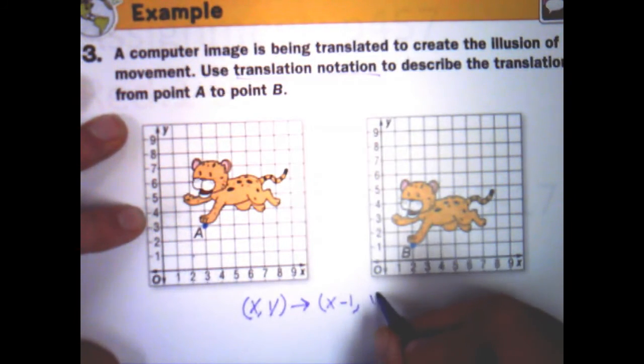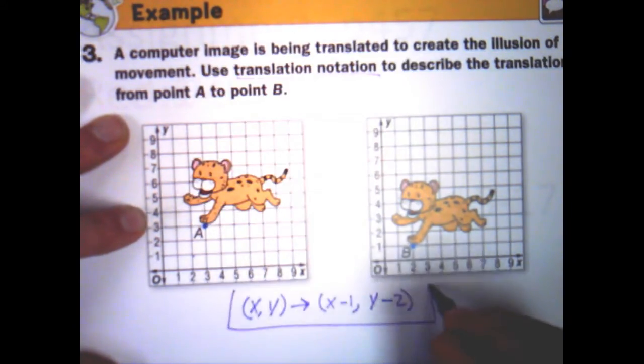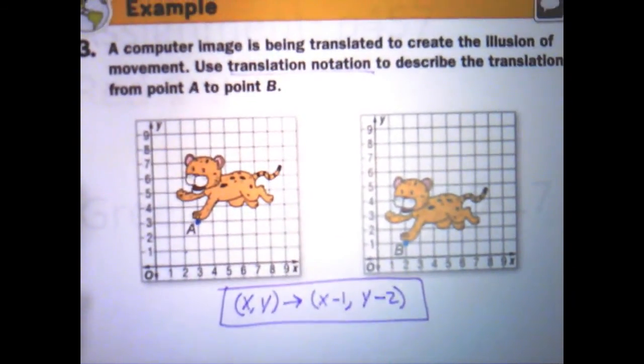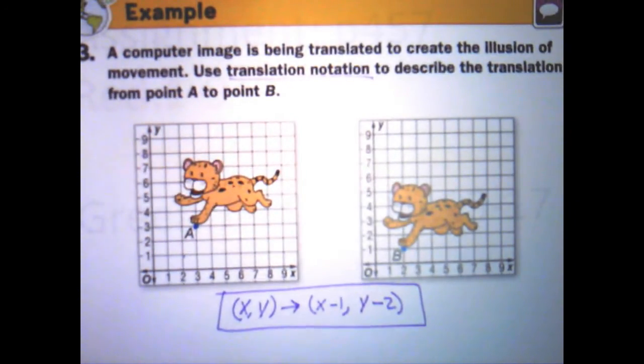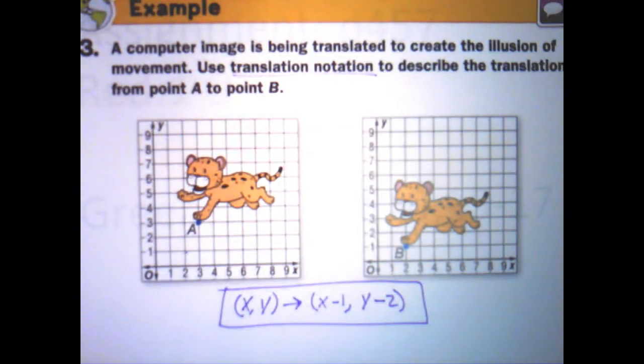Okay, so if I go down on the y, that's a minus 2. So this would be written in translation notation, and this would be my answer for that translation. Okay, remember, x-axis controls the left to right, y-axis controls the up and down.